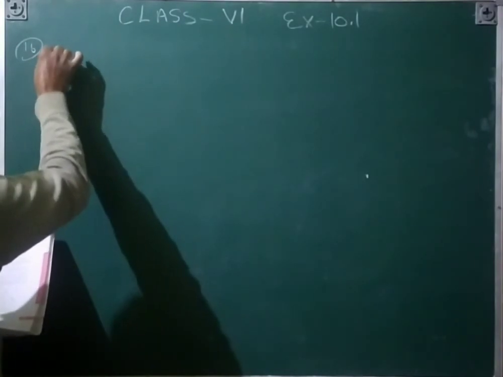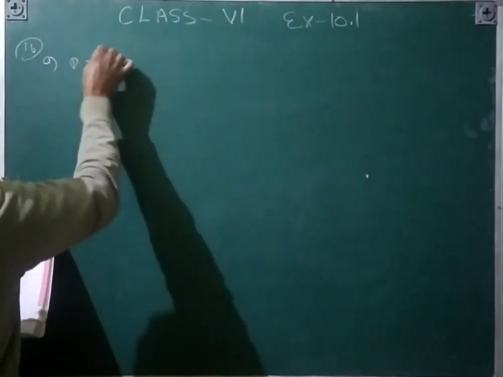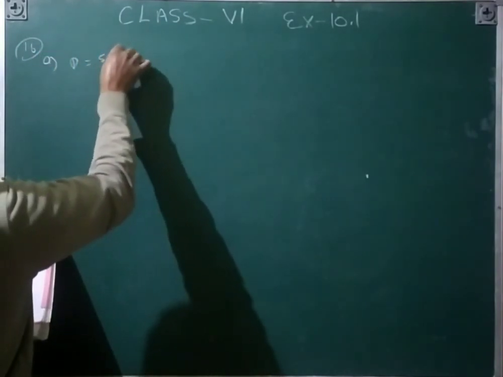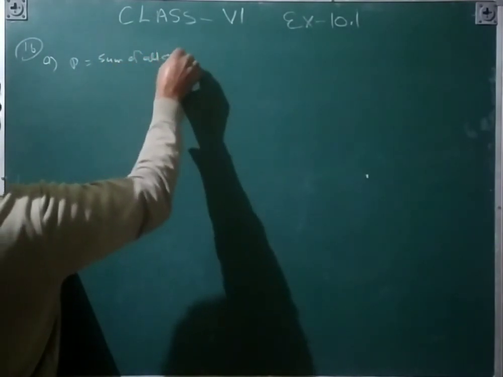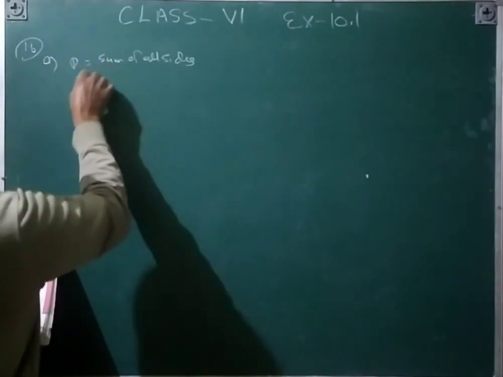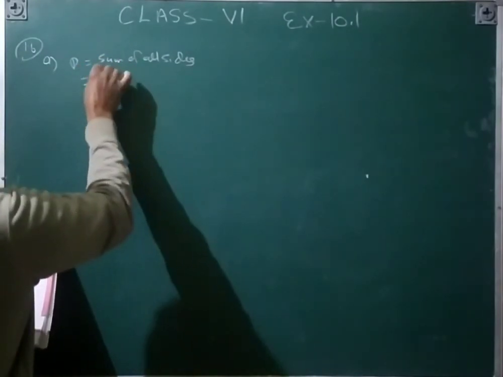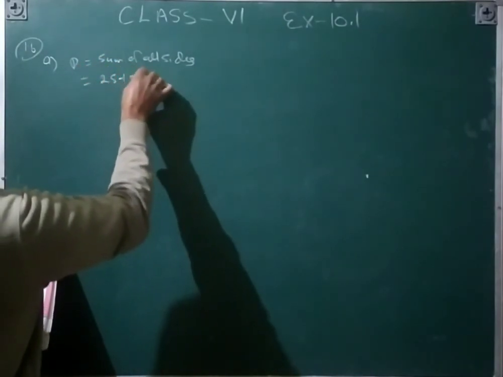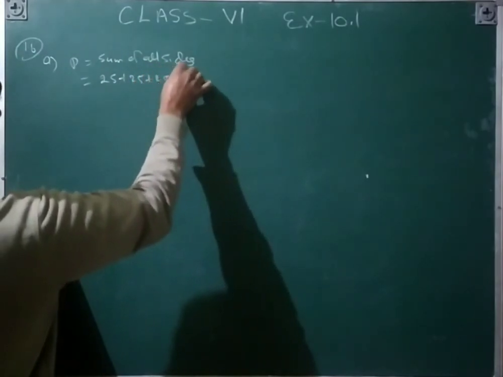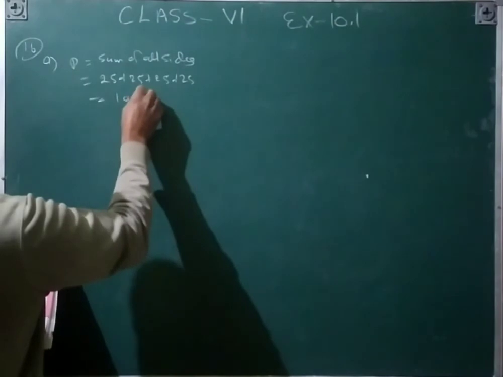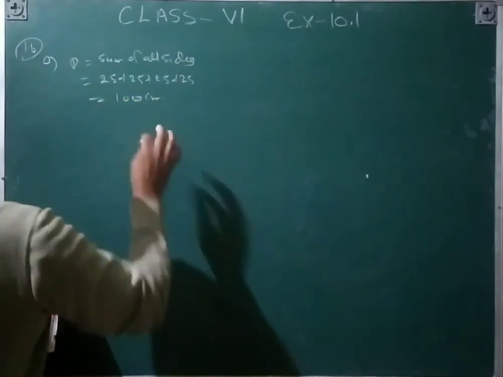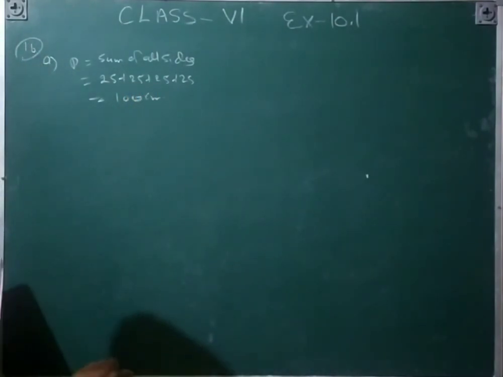I am doing only A part. Perimeter is equal to the sum of all sides, that is an easy way. All sides are 25, 25, 25, 25. That is 100 centimeter. Similarly you will do the other parts also.